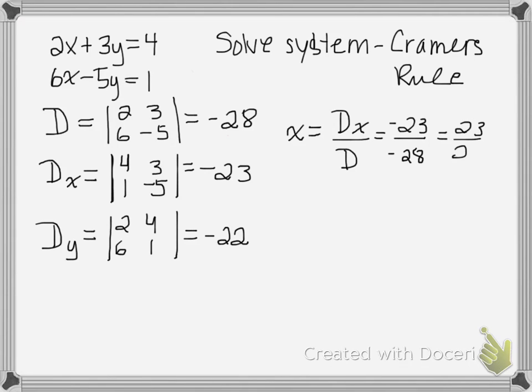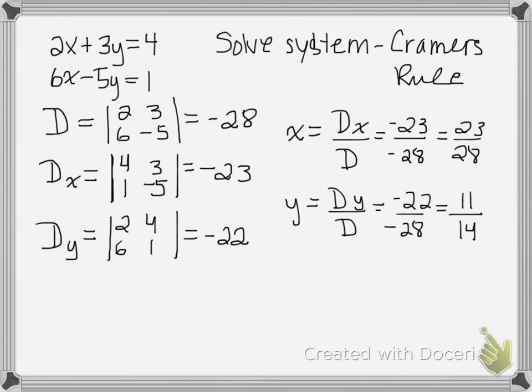And then the y coordinate is D sub y over D, which in this case would be negative 22 over negative 28, and we would simplify that to 11 over 14. That would be the solution to the system: 23 over 28 for x, and 11 over 14 for y.